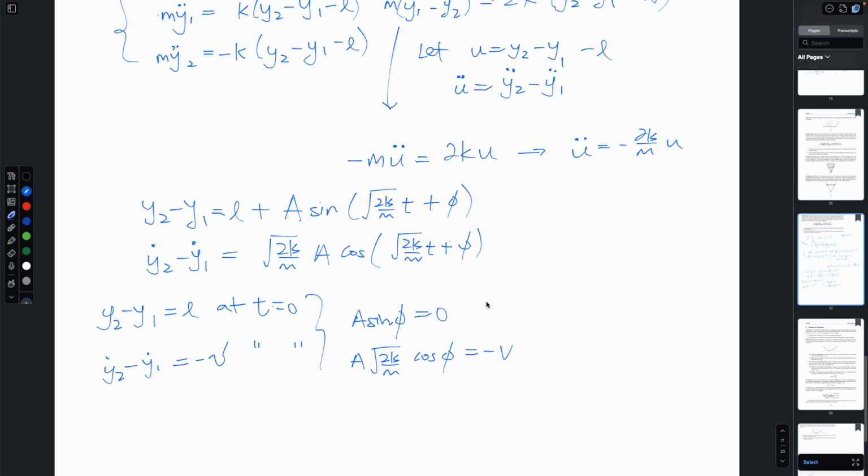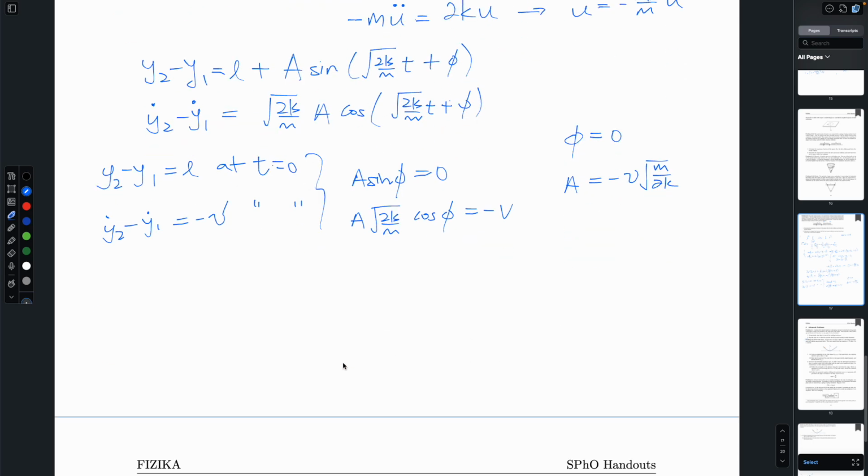Okay, so A sine phi equals 0, we know that the amplitude is obviously non-zero, because that doesn't really make sense. So one possible solution is phi is 0, which will also yield this.